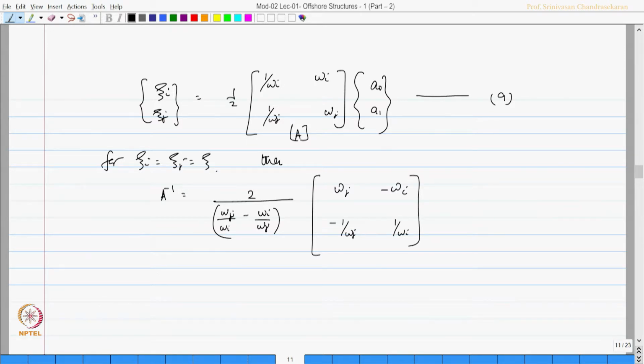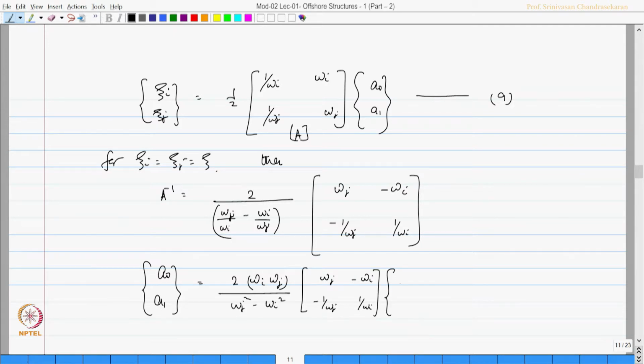I can easily find A0, A1, which are the coefficients of the damping matrix, as twice of omega i omega j by (omega j square minus omega i square) of omega j, minus omega i, minus 1 by omega j, 1 by omega i, of zeta 1 and zeta 2.